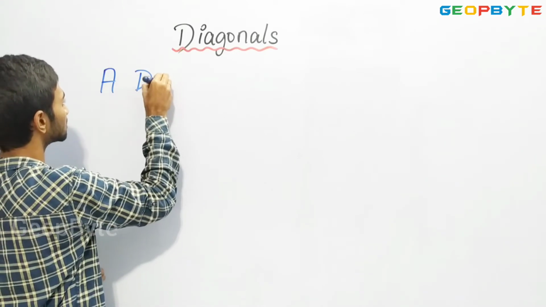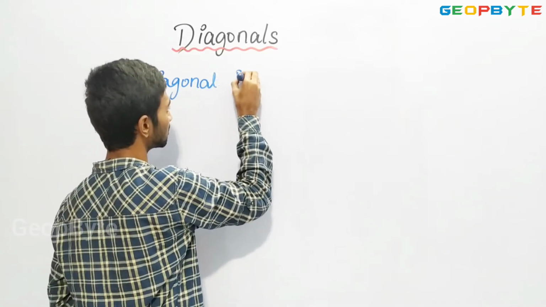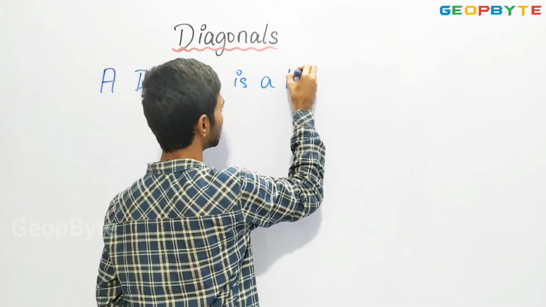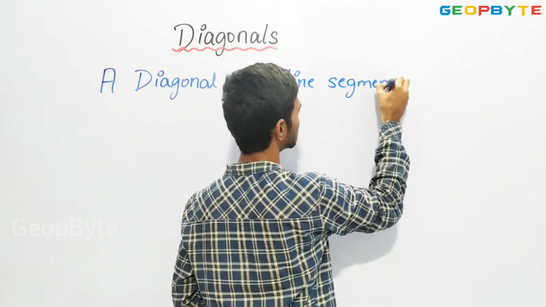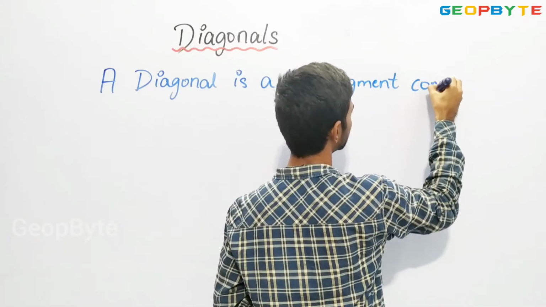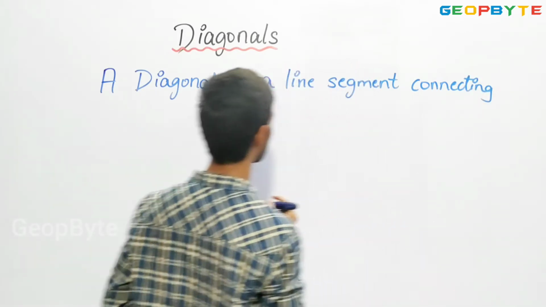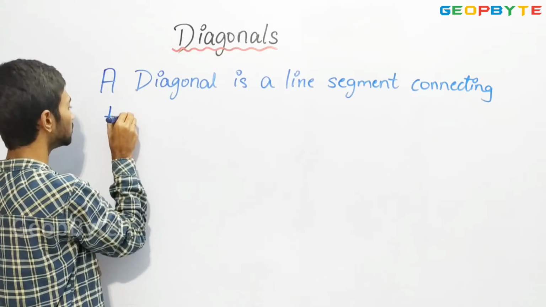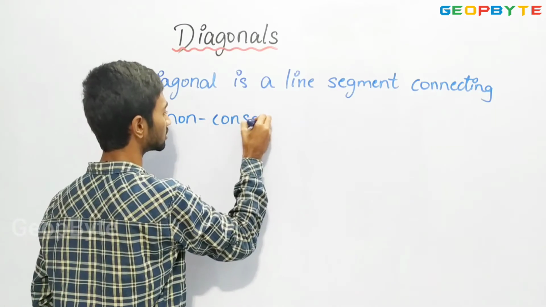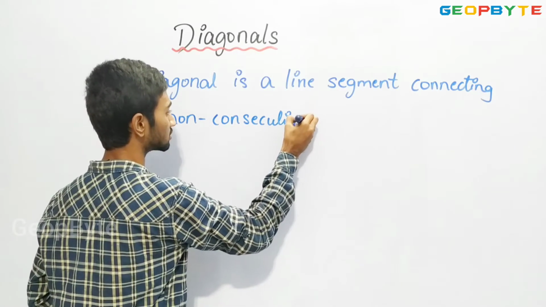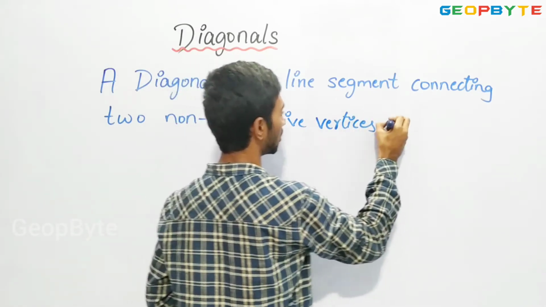A diagonal is a line segment connecting two non-consecutive vertices of a polygon.